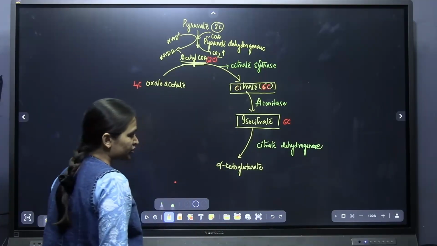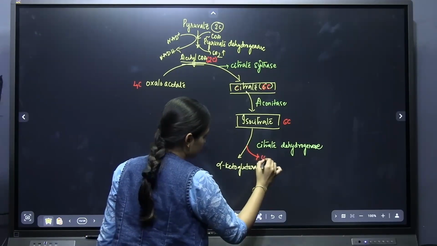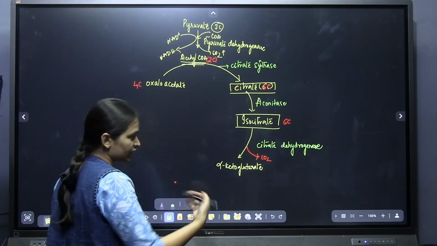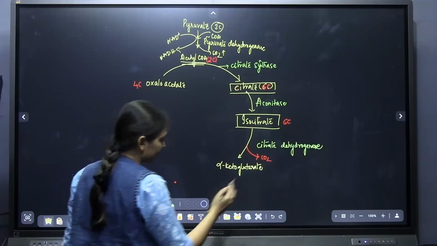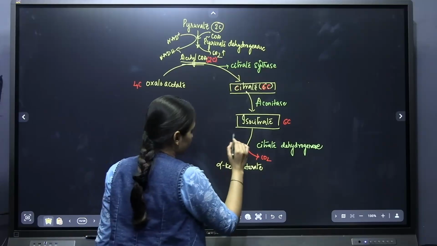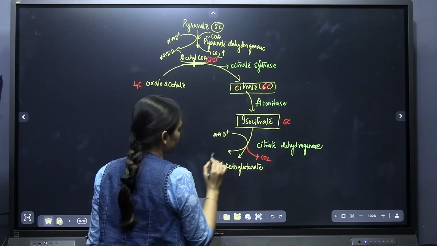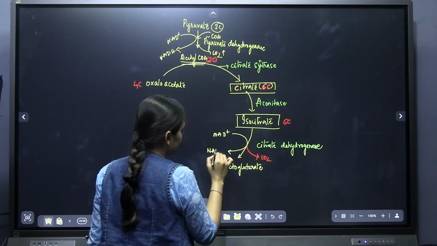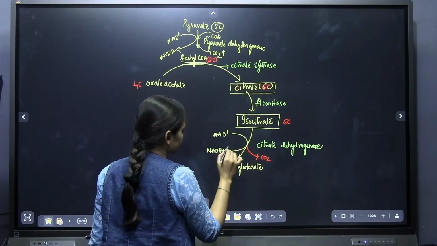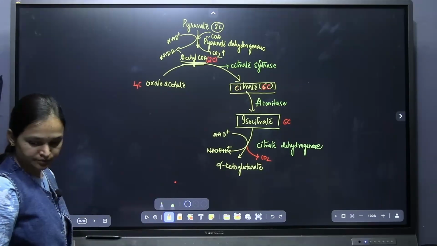Here a decarboxylation reaction takes place, which means one molecule of CO2 will be coming out of the cycle, evolved, and one molecule of NAD plus will be converted to one molecule of NADH plus H plus. Okay, you can call it NADH. Understood?